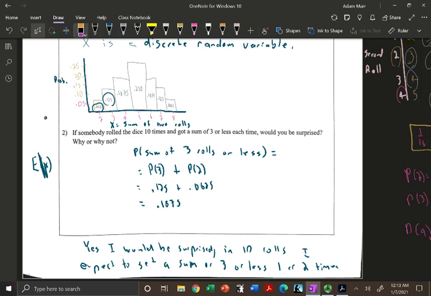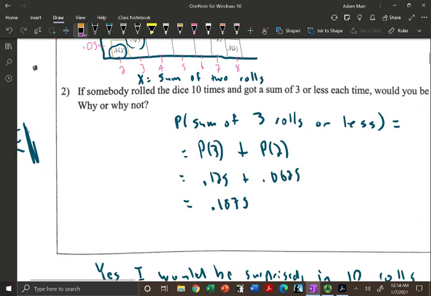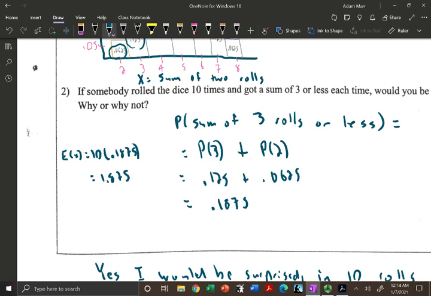So the expected value of getting 3 or less is just going to be 10 times the probability of getting a sum of 3 or less, which is 0.1875. So we want to know the number of times we expect to get a sum of 3 or less after rolling it 10 times, and 10 times 0.1875 is 1.875.